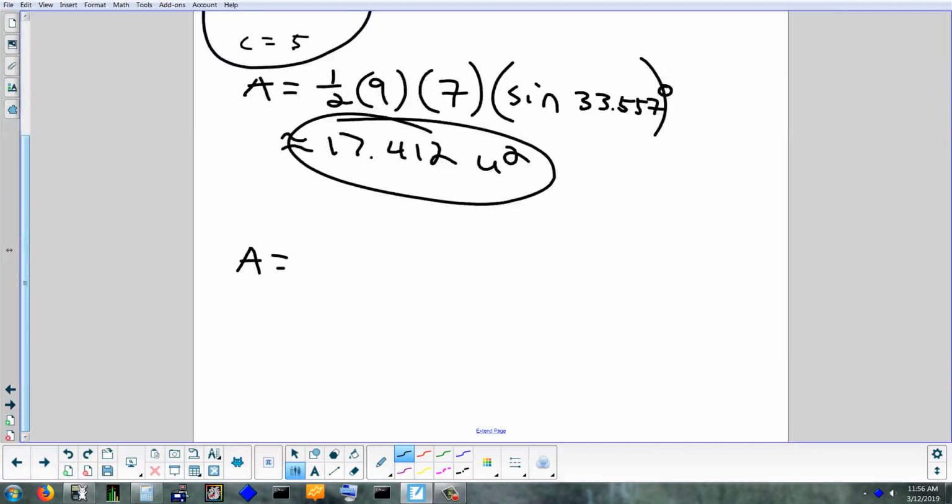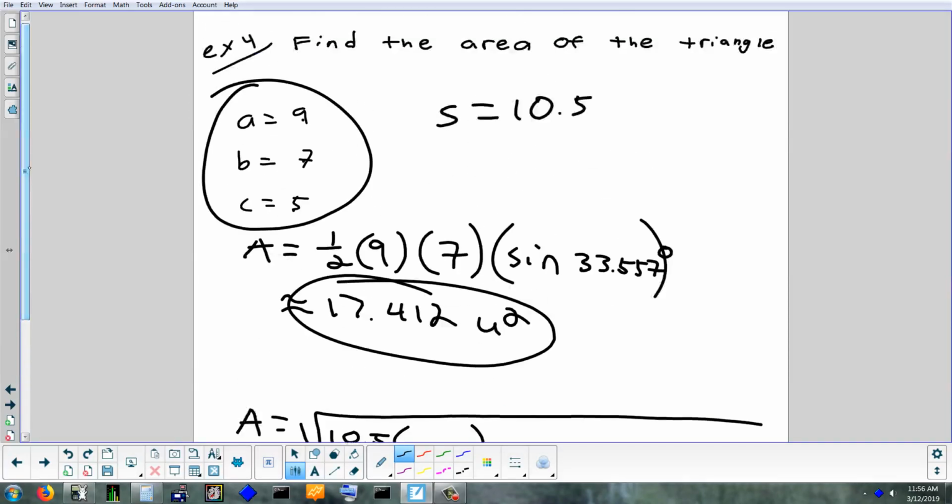So area equals, what's the first thing you put in the formula? Put this so you don't forget it. Before we write any numbers. The square root, yeah, so we don't forget it. Now, the first thing we put is S times S minus every side. So let's just do that in our head.